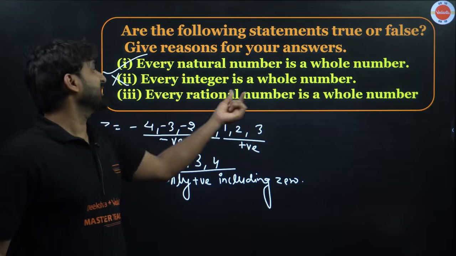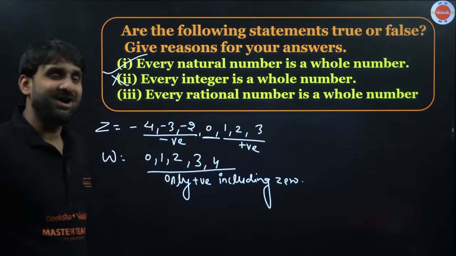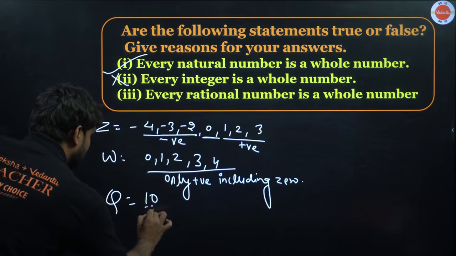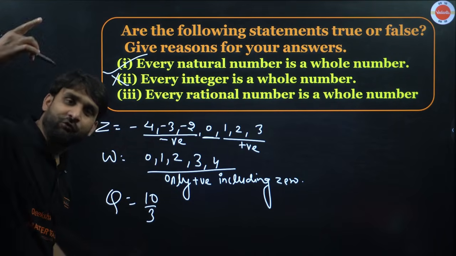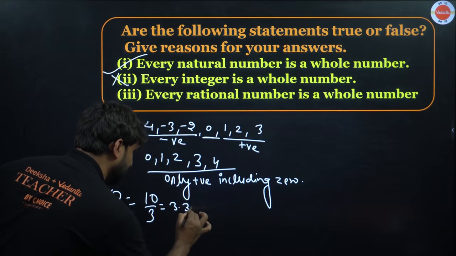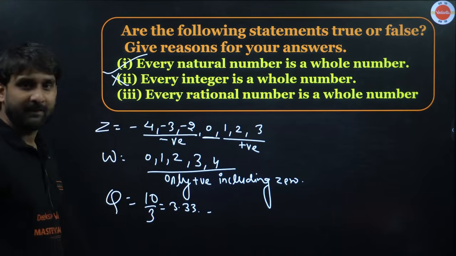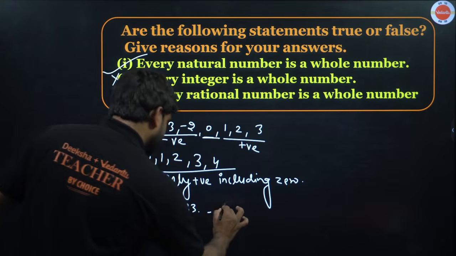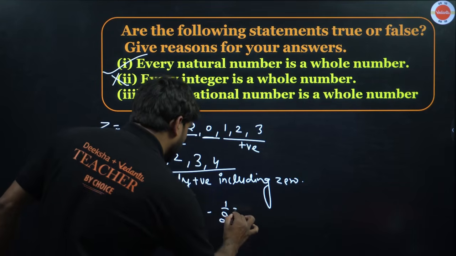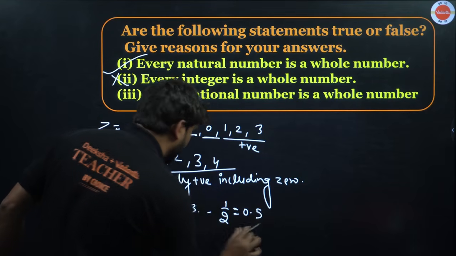Now, every rational number is a whole number. How is it possible? Let me give you an example. 10 by 3 is of course a rational number, which is 3.3333 and so on. 1 by 2 is a rational number equal to 0.5.